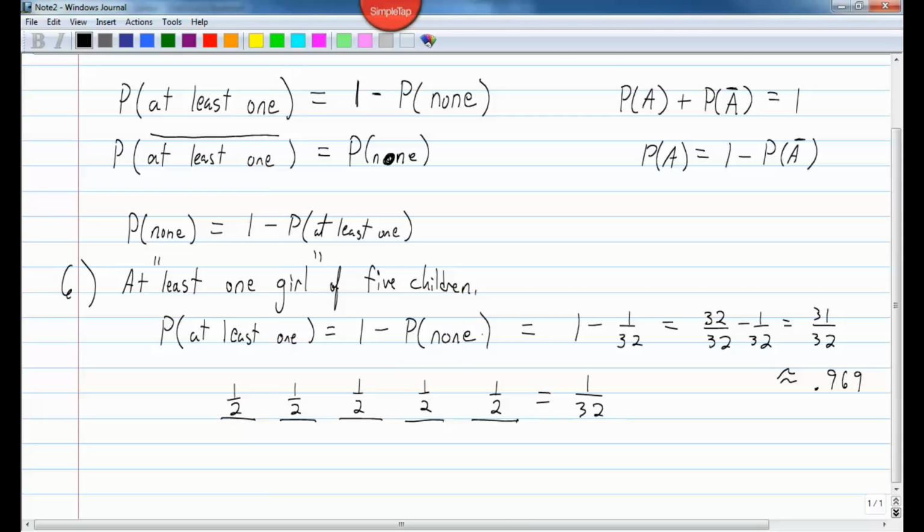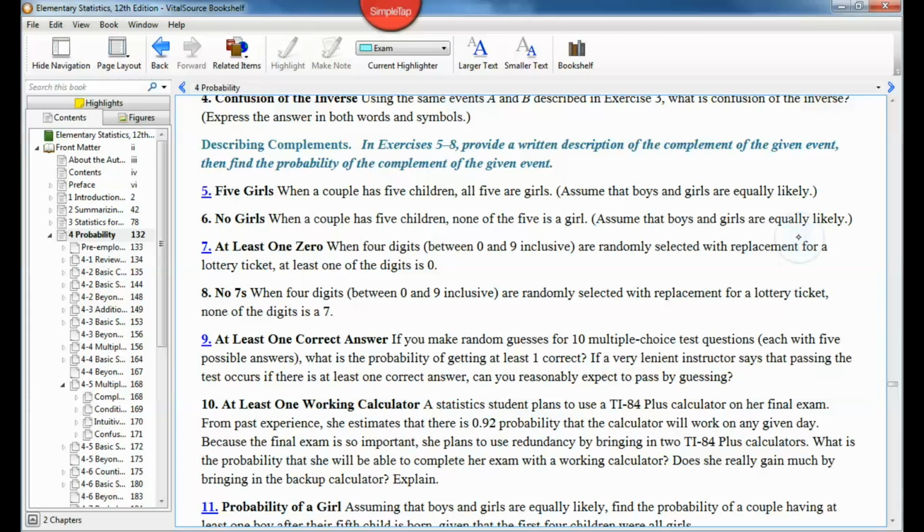All right, let's look at number 8. Let's go to the next even problem. So we want to write the complement of when 4 digits are randomly selected and replaced for a lottery ticket between 0 and 9 inclusive: none of the digits is a 7.